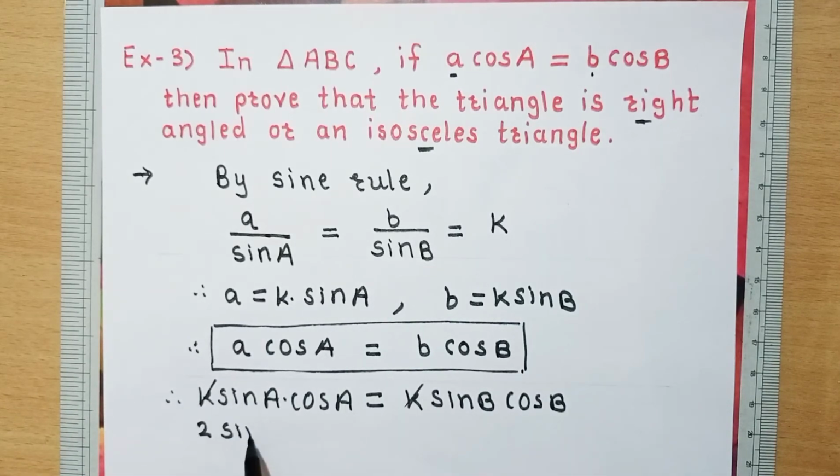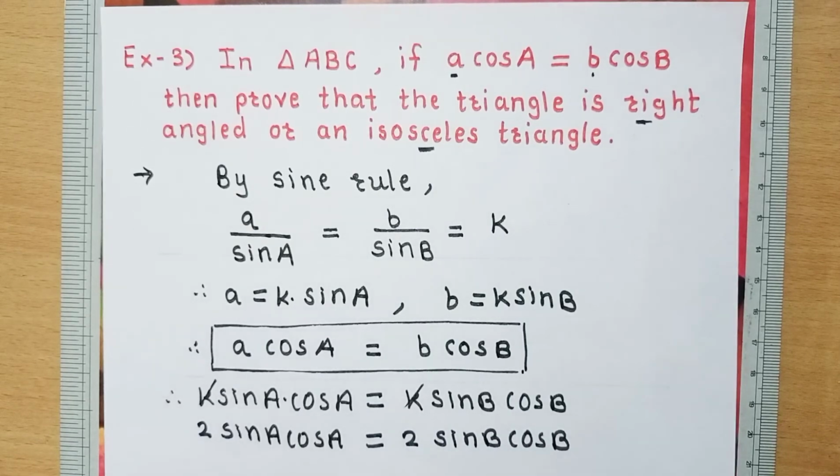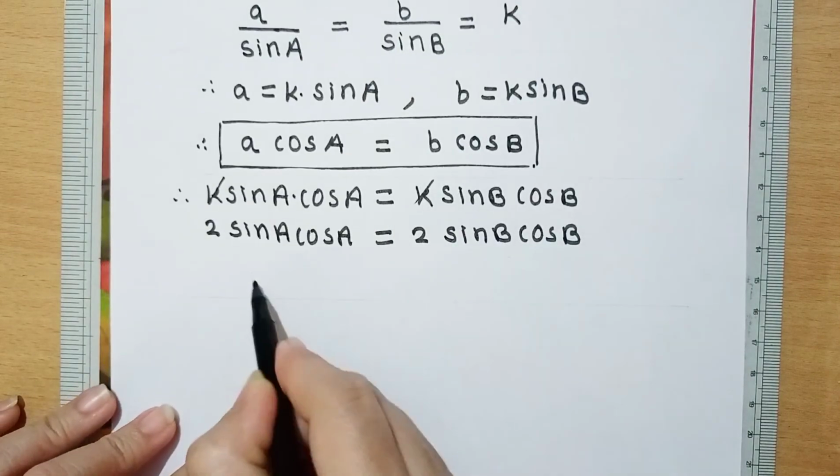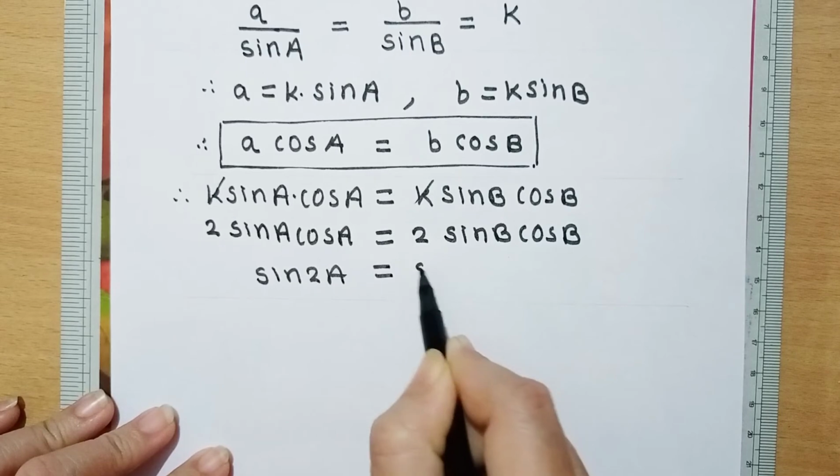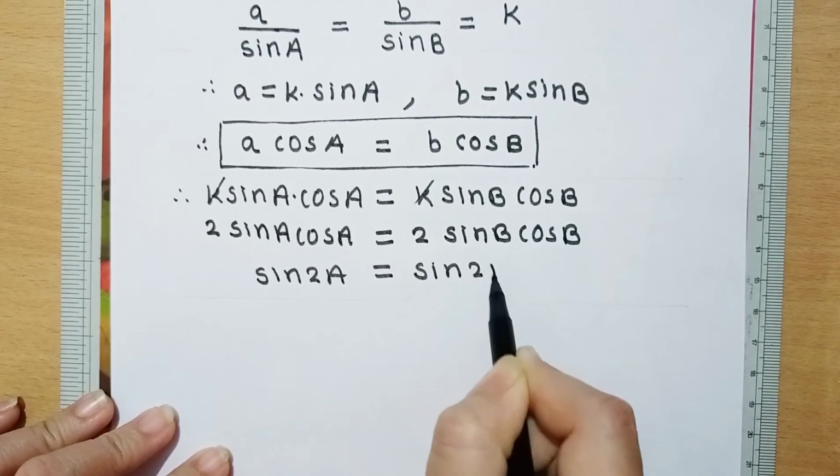Multiply both sides by 2, and so we have 2 sine A cos A equal to twice sine B into cos of B. But again this is nothing but sine of 2A, and that is equal to sine of 2B.